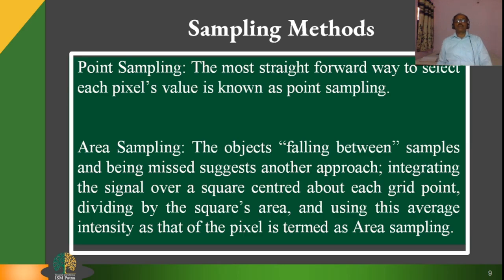The most straightforward way to select each pixel's value is known as point sampling, but objects falling between samples are missed. This suggests another approach: integrating the signal over a square centered about each grid point, dividing by the square's area, and using this average intensity as that of the pixel, termed area sampling. So, these are the two ways by which we take samples.